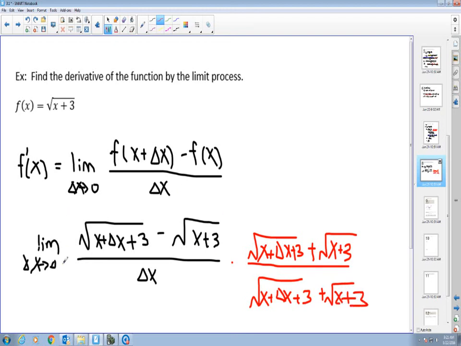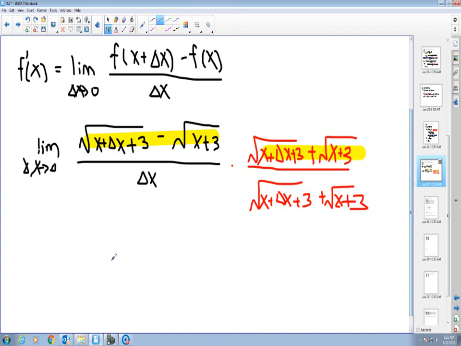What that will create for my top is a difference of squares. This is a minus, that's a plus. So a difference of squares is simply a minus b times a plus b, which will simply be a squared minus b squared.